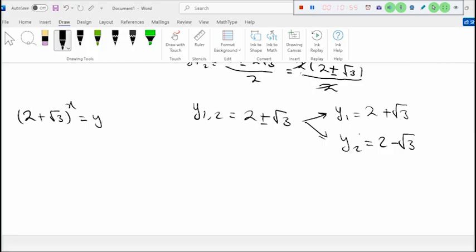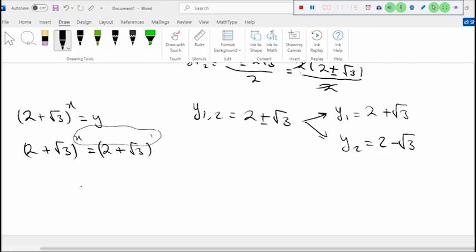Instead of y we put its value: (2 + √3)^x equals, here y is actually 2 + √3. So here the power is 1, and we get the result that x is equal to 1. This is the solution of this equation.